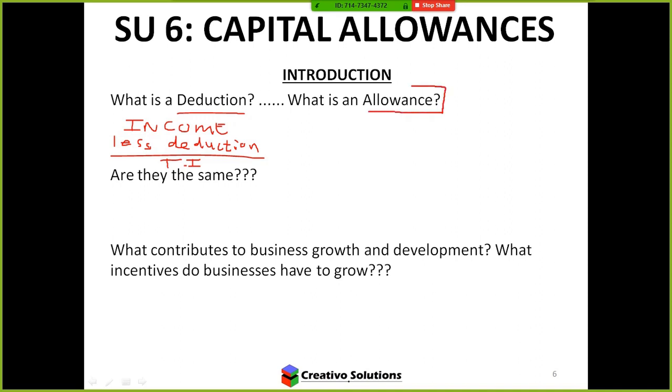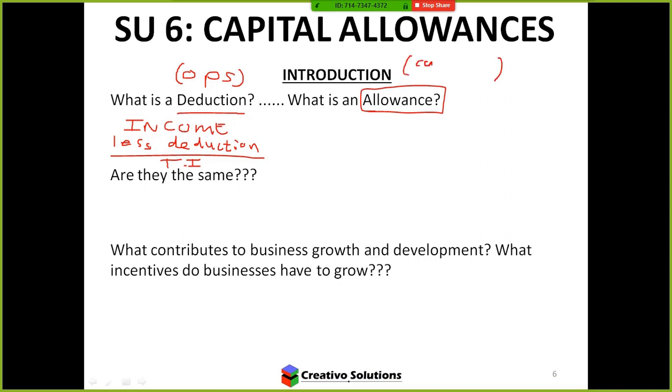What is an allowance? Do you remember? The deduction relates to operations; the allowance relates to what type of expenditure? Capital.